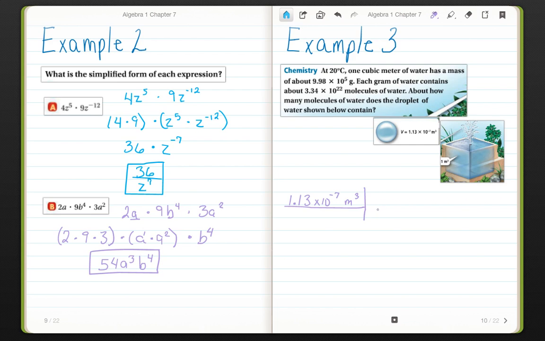So 1 cubic meter is 9.98 times 10 to the 5th grams. My meters cubed get canceled out. And then I need to know the number of molecules per gram. So in 1 gram, I have 3.34 times 10 to the 22nd molecules.